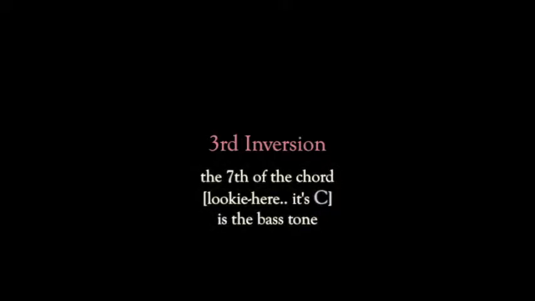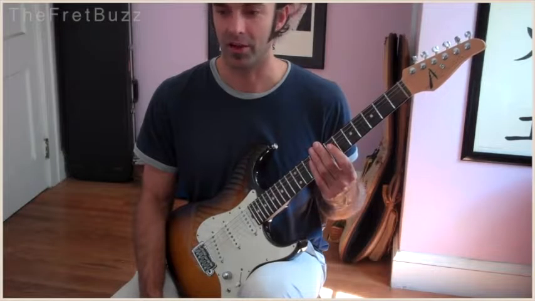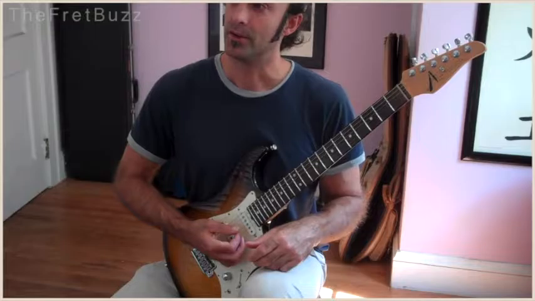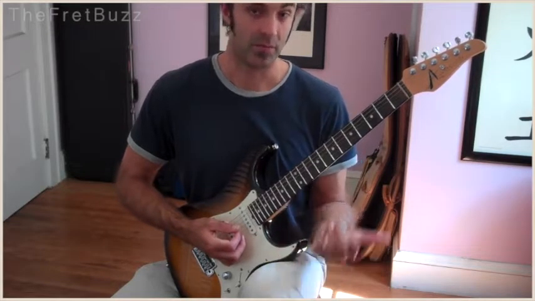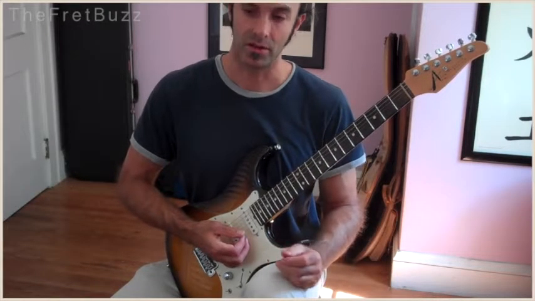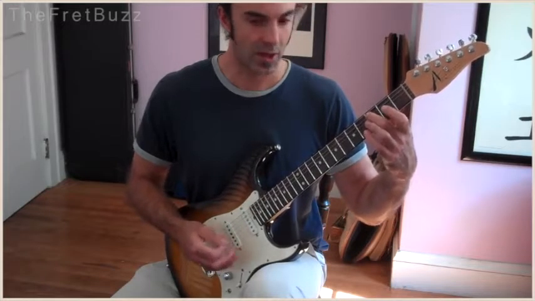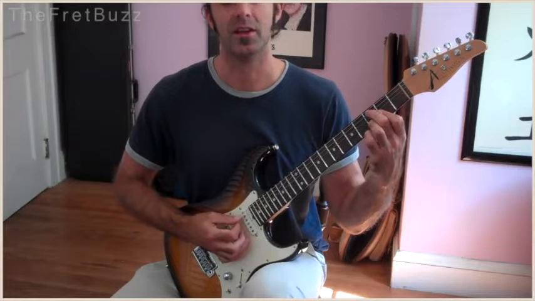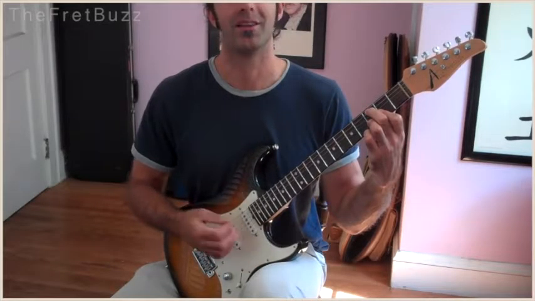The last inversion. Very, very cool sound. Now the seventh of the chord would be the C that we were talking about. So if C is the lowest note, now I have to find D, F sharp, and A somewhere higher than that C. Oh, perfect.